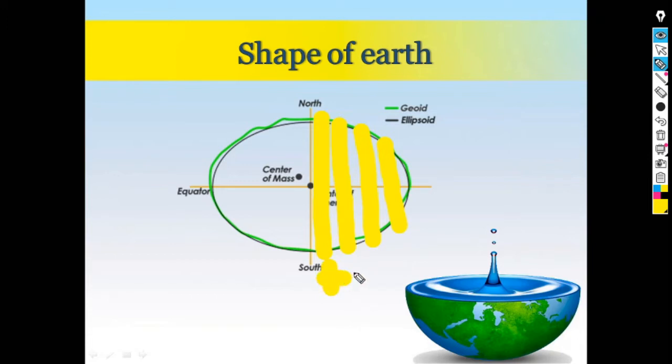This is plus. This is 0, it will increase 10, 20, 30, 40 till 90. And in this direction it will again increase from 0, but it will be in minus sign. So it will be minus 10, minus 20, minus 30, till minus 90.